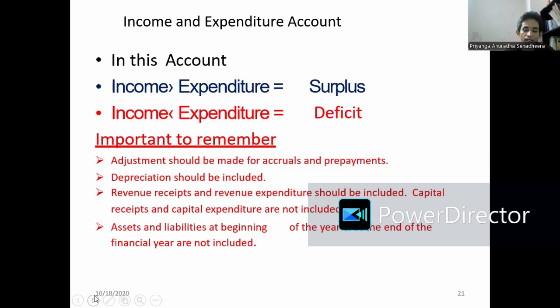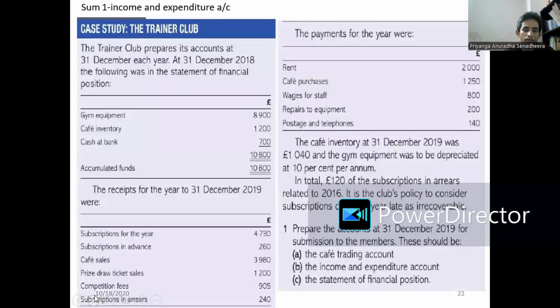With that idea, we are moving to a small question. If you look at this question, the club prepares its accounts at 31st December each year. At 31st December 2018, the following was in the statement of financial position: gym equipment 8,900, cafe inventory 1,200, cash at bank 700, and accumulated fund 10,800.